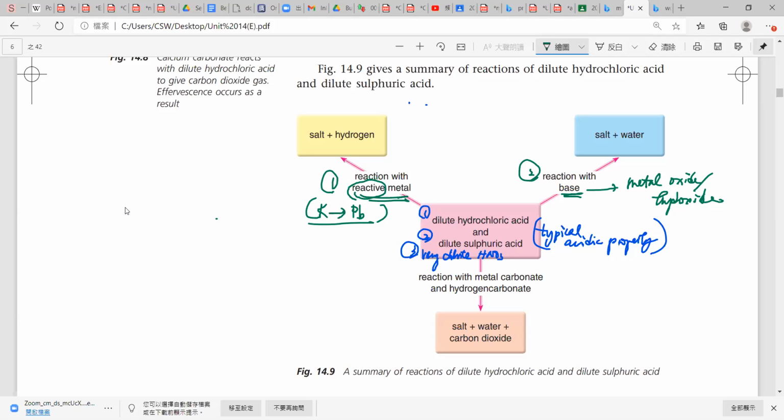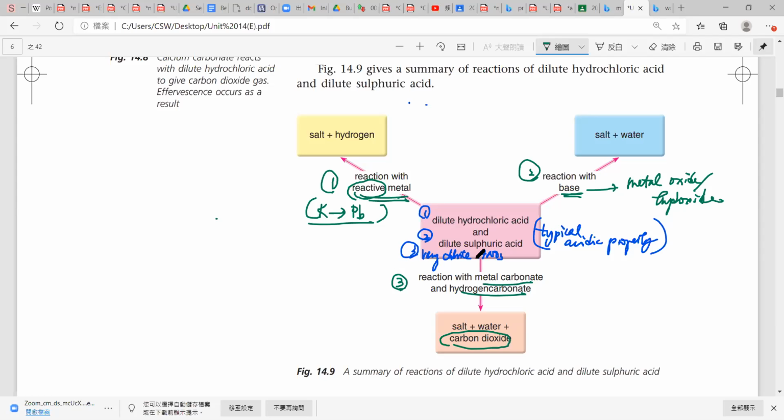The third case I would like to share with you today is the reaction with metal carbonate and or hydrogen carbonate. What they have in common is that it's not a neutralization, but they will form carbon dioxide as well. So no matter whether it's hydrogen carbonate or carbonate, they will react. Is that clear?